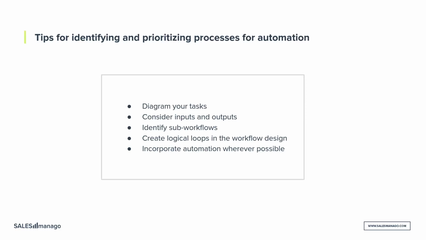So don't send an abandoned cart email 5 seconds after they do not purchase. Maybe you should wait like 12 hours or 6 hours. So these are those logical loops and conditions that need to be implemented in those processes.